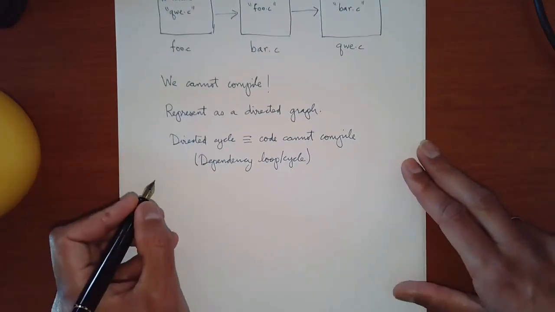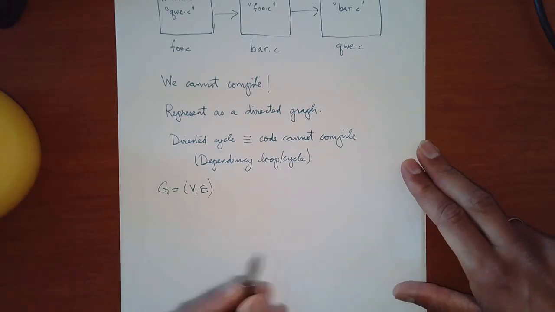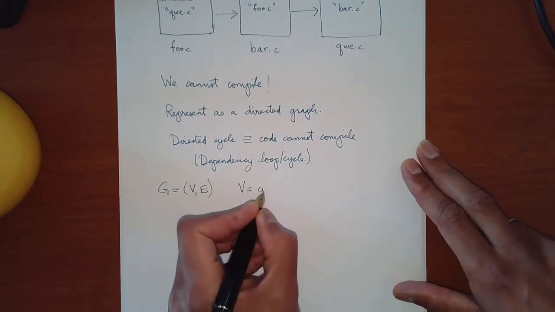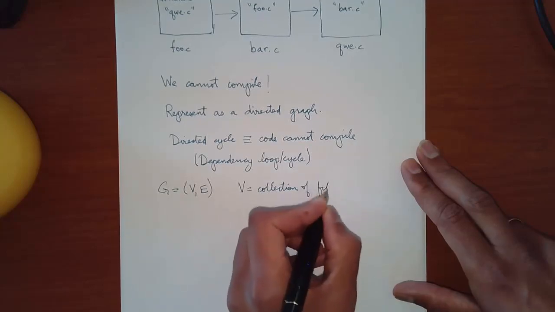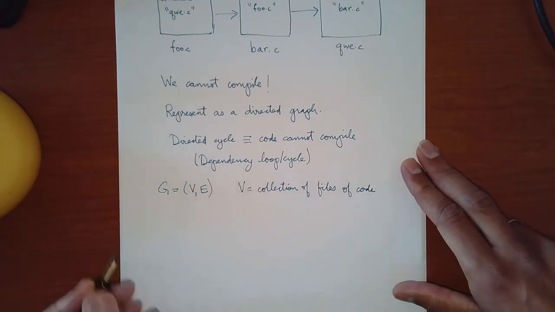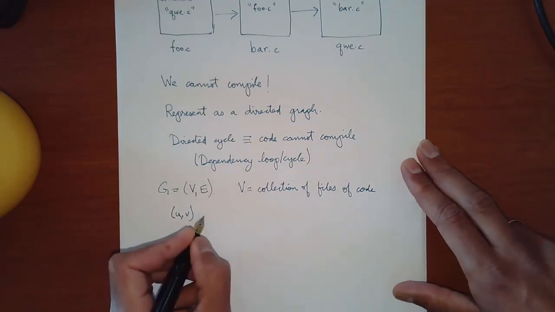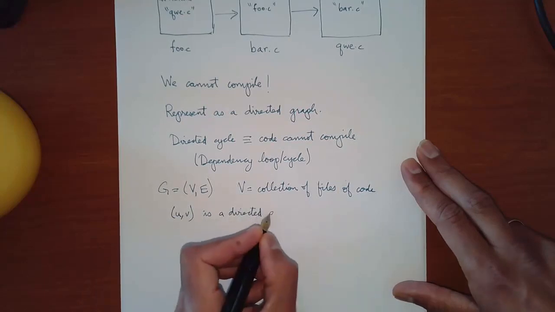Okay, so the way that this is represented is we're going to consider a graph G = (V, E). V, the vertices, are going to be a collection of files of code, right? And (U, V) is a directed edge, right?